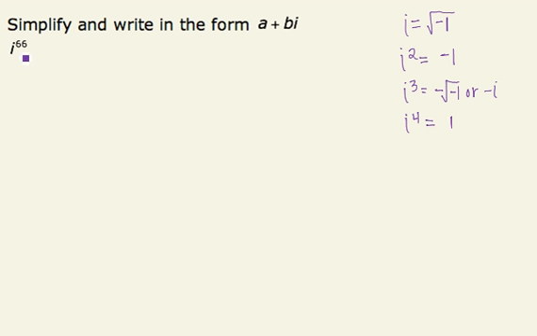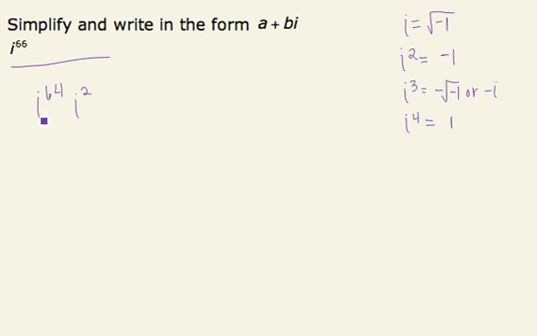I'm going to look at i to the 66th two different ways. The first way is I'm going to remember my rules that I can break 66 apart into i to the 64th times i squared. Remember, like bases, I would add the exponents.